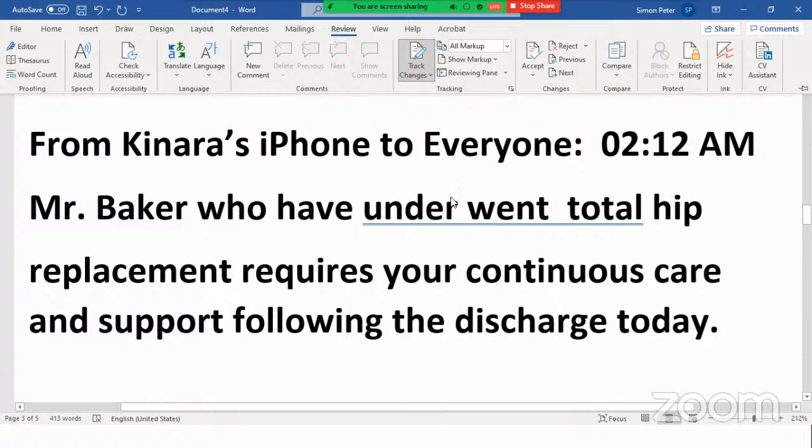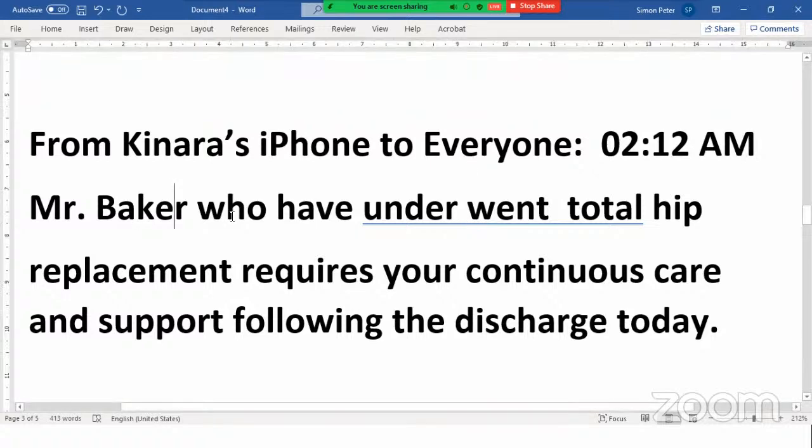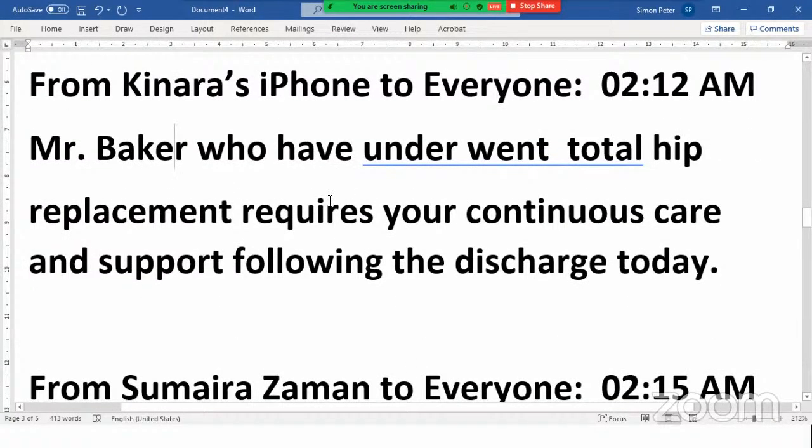So Kinara, Mr. Baker, who have will go with gone, not went. Have is used in perfect tenses. So it should be underwent, one word.